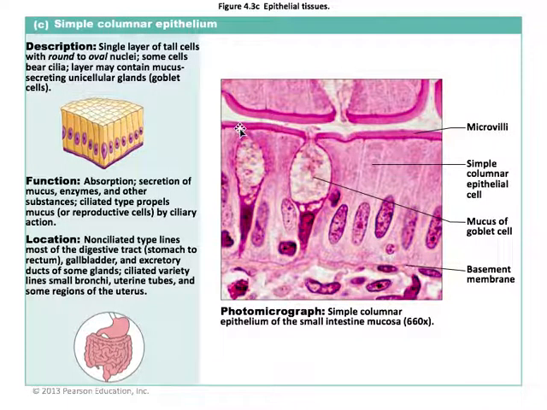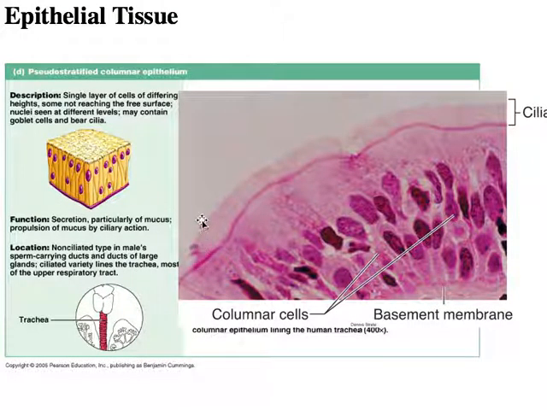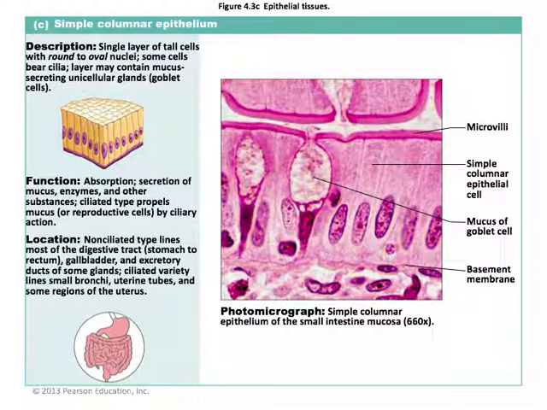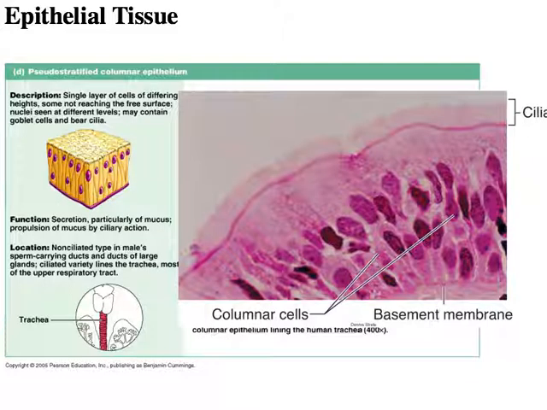That's different. Microvilli are different from cilia. Cilia are responsible for movement. Microvilli are responsible for something different. They're responsible for secretion and absorption, and they're actually part of the cell. Cilia are little hairs that are kind of attached to the surface of the cell.